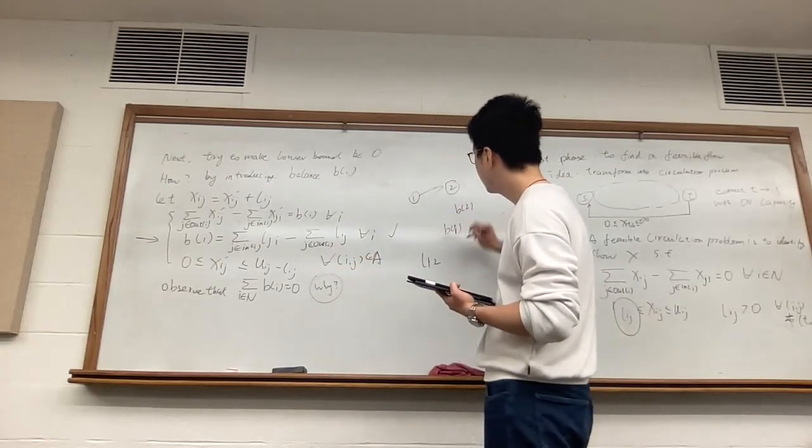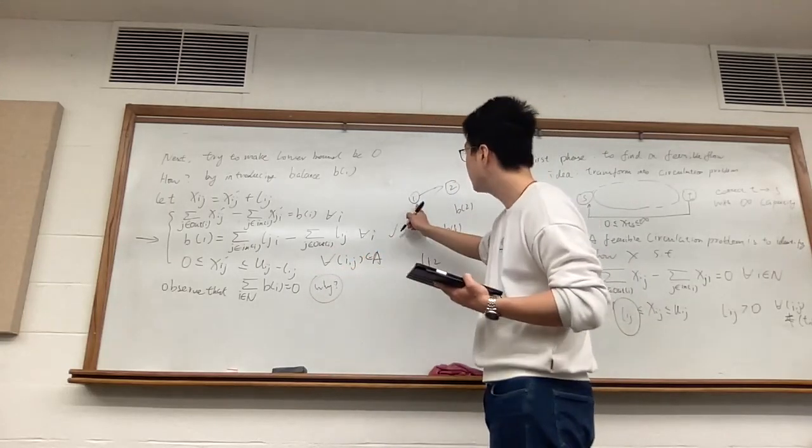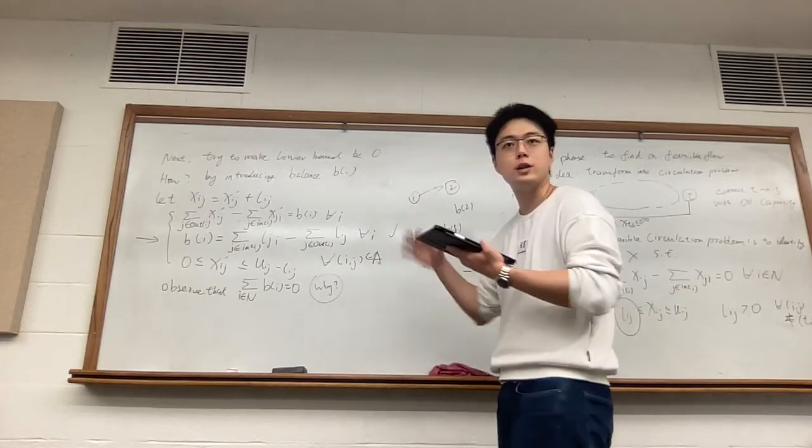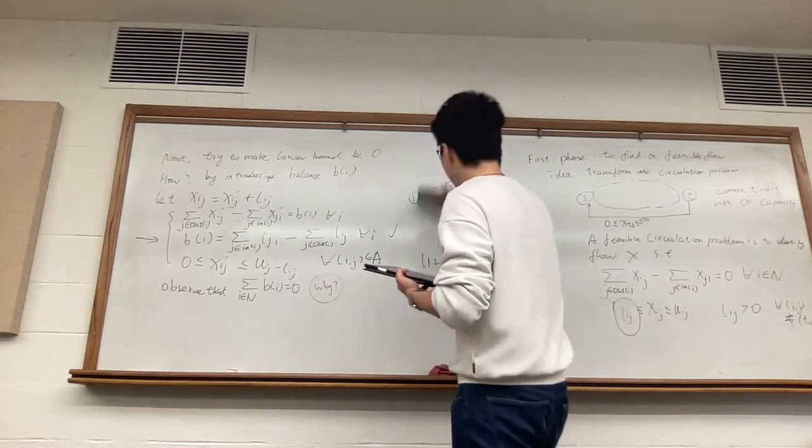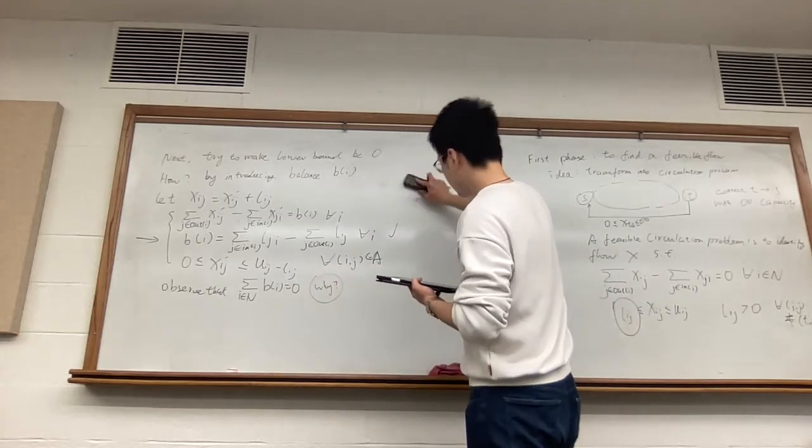When calculating B2, it is plus, and when calculating B1, it is minus, so they cancel each other out. Finally, you get the summation of Bi equals 0. Okay, nice.